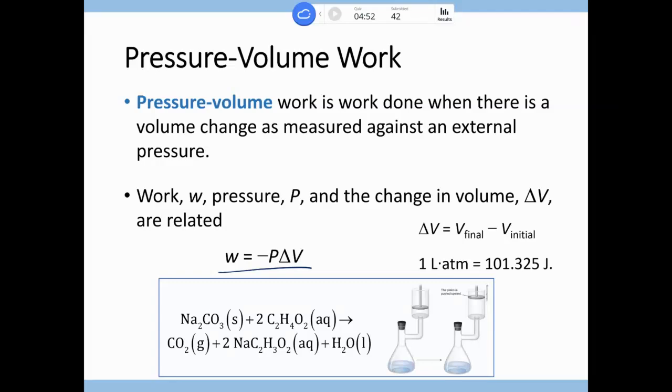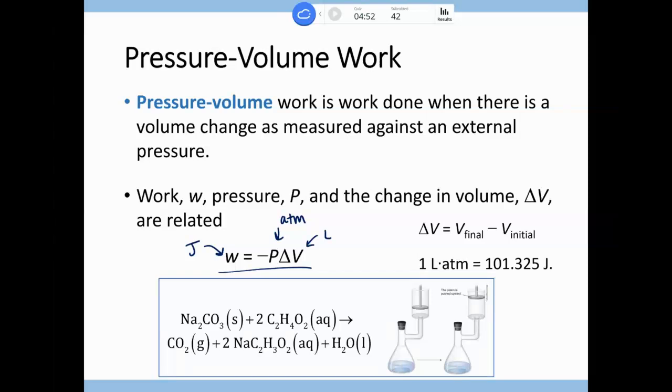Pressure is often reported in units of atmospheres. Work is often reported in joules, which is kilograms times meters squared per second squared. But pressure is usually atm, atmospheres, and volume is usually liters, so atmospheres times liter does not give us a joule.